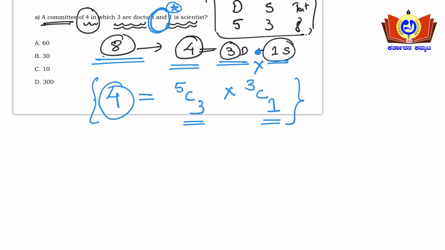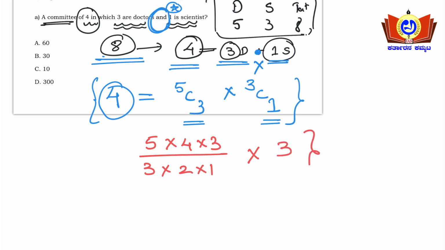What is 5C3? 5 should be reduced 3 times, so 5 into 4 into 3 upon 3 into 2 into 1, multiplied with 3C1. 3 should be reduced 1 time, that is nothing but 3.